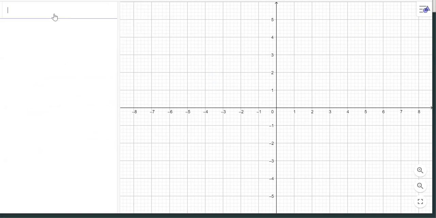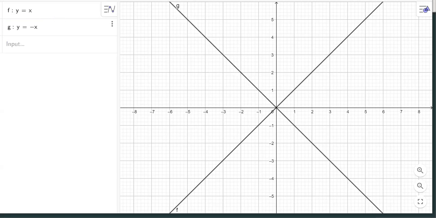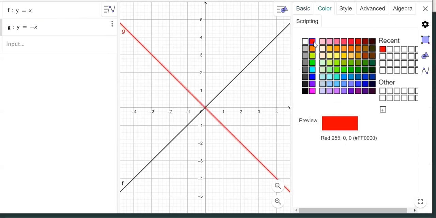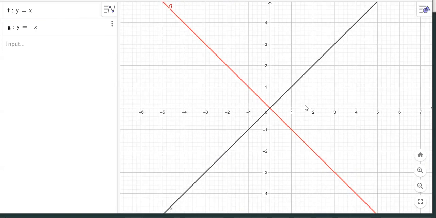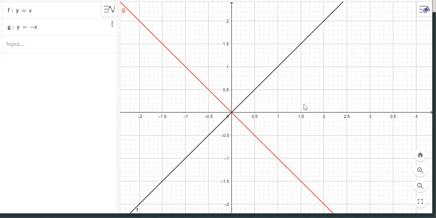First I'll draw y equal to x. And next I will draw y equal to minus x. I'll change color. So y equal to x and y equal to minus x. Between -1 and 1, they've said, so we'll just take this graph.